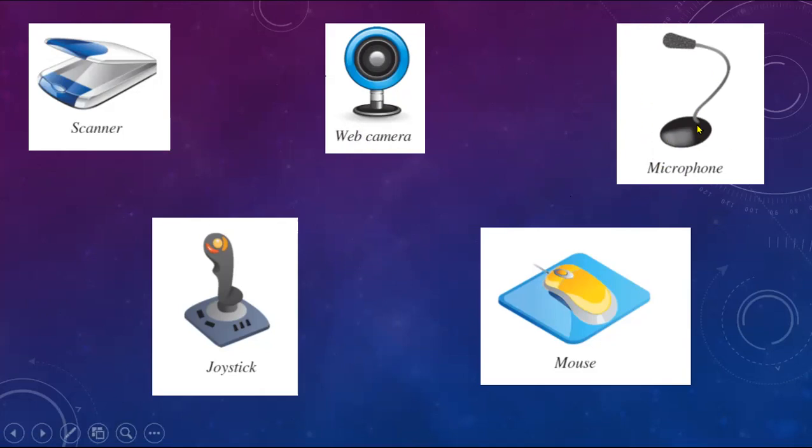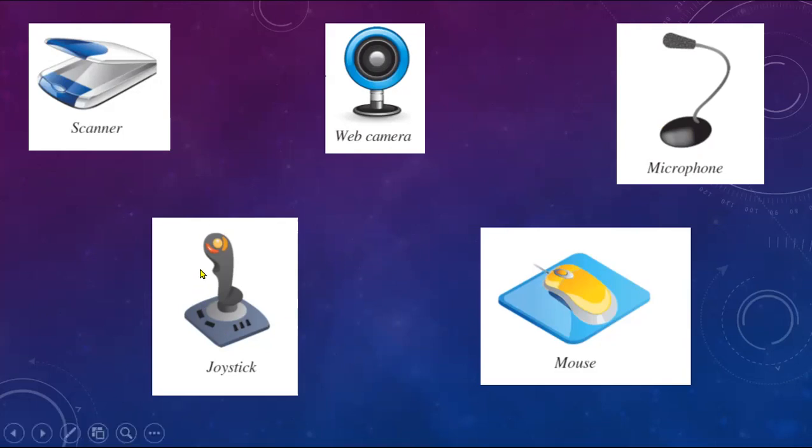Look at this device. This is the microphone. This is an input device. A microphone helps us to save sound into the computer, right? Now I am speaking using my microphone, and you can hear me. So this microphone helps us to send sound into the computer.